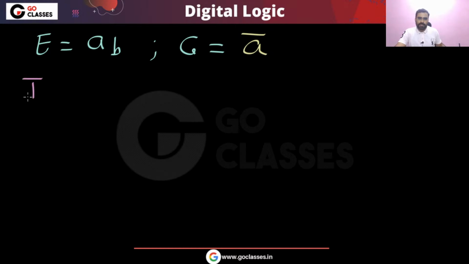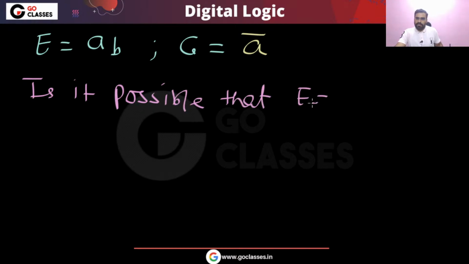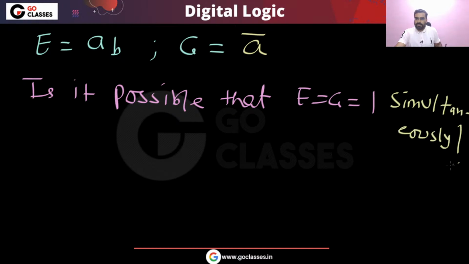Is it possible that E equal to G equal to 1 for some combination, simultaneously?